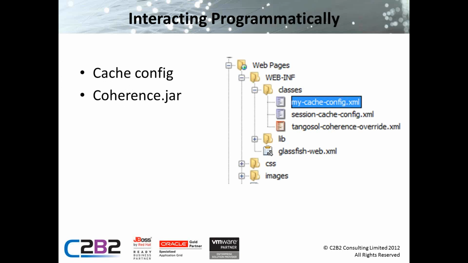So next I'm just going to briefly talk about interacting with the cache programmatically. You can see here there's a screenshot of directory structure in a web application that I've had.